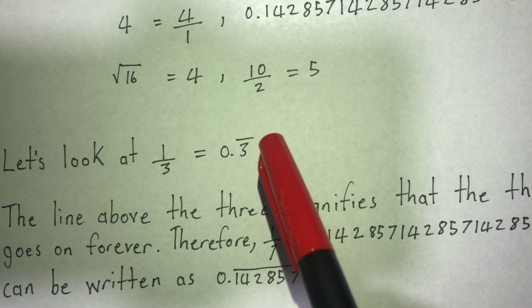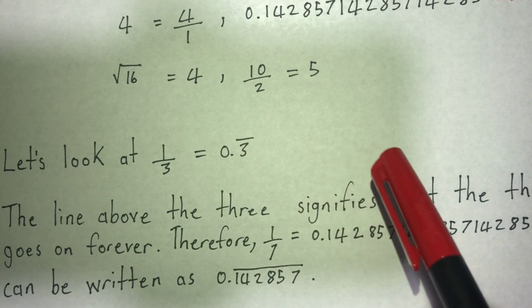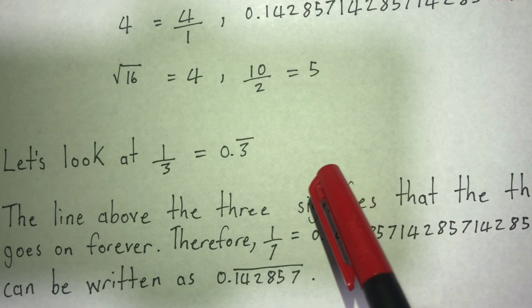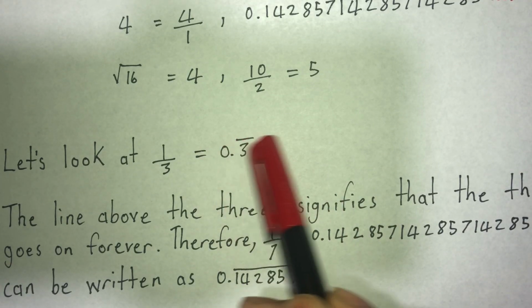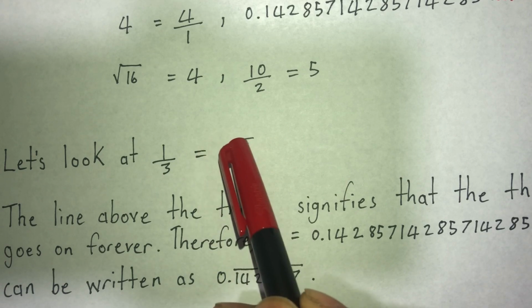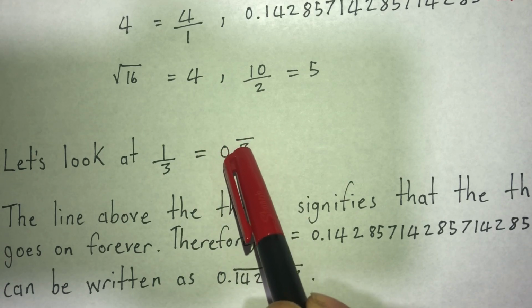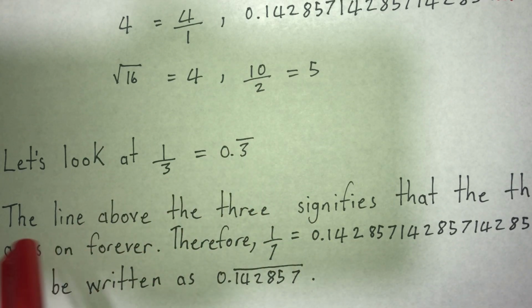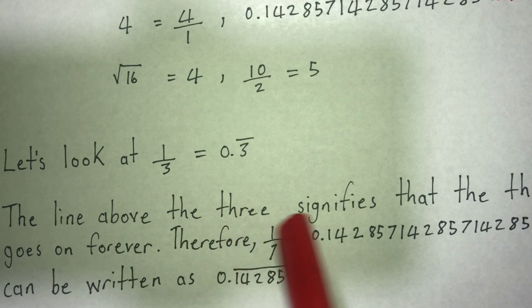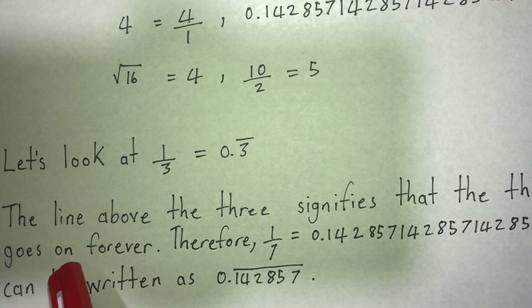To write this in a simpler form, we just put the line, or the bar, over the digit that repeats itself. So, with that being said, the line above the 3 signifies that the 3 goes on forever.